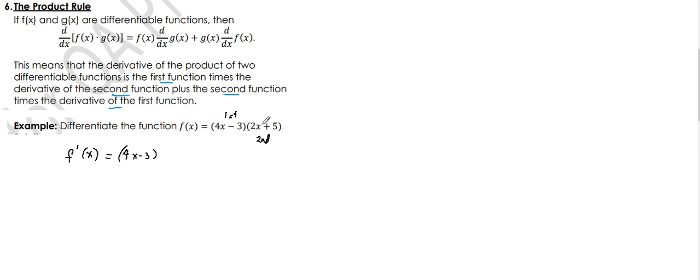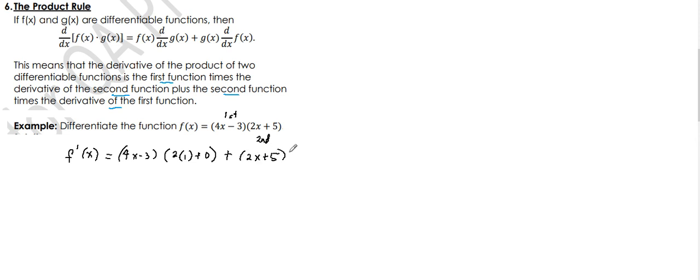Ano ba ang derivative ng 2x? So, syempre, we have here 2. And then, di ba yung x natin, magiging 1 na lang yan. Plus 0, kasi ang 5 ay 0 na lang. Kasi that is a constant rule. And then, plus tayo, sabi kasi dyan, ay kailangan natin mag-plus. And then, copy natin yung second. Ang second natin is 2x plus 5.